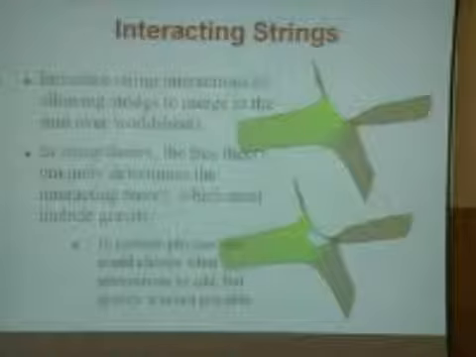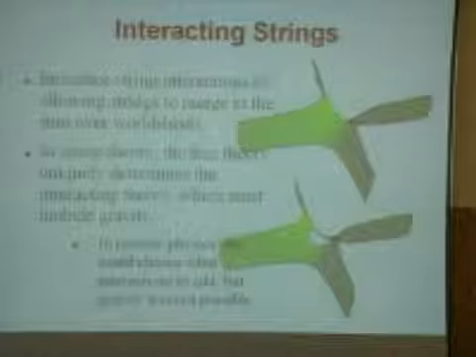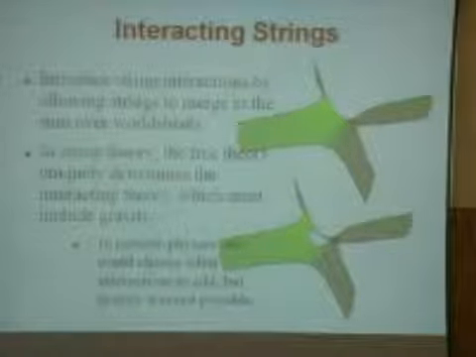So here we see 2 strings connecting, merging, and then separating again. Here we have 2 strings, they merge briefly, but then they immediately separate, merge again, and then separate again. And we have to sum over all such Riemann surfaces that you can draw.